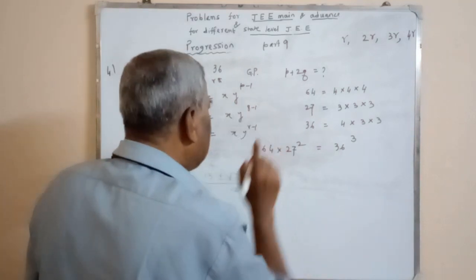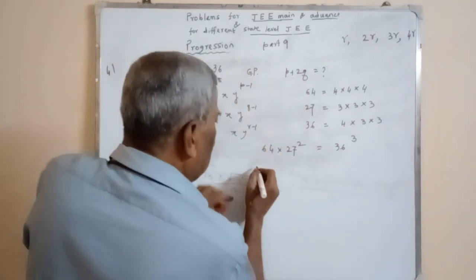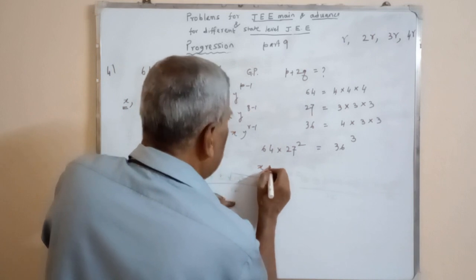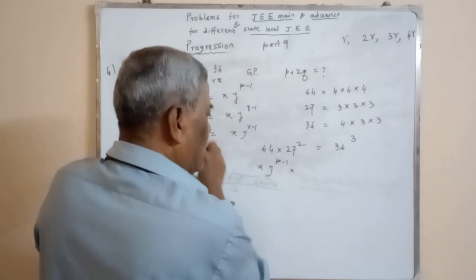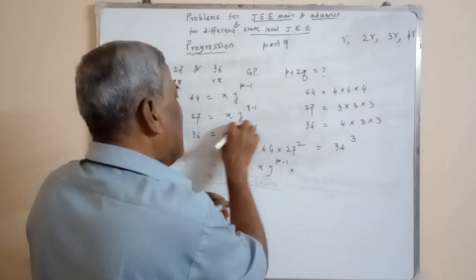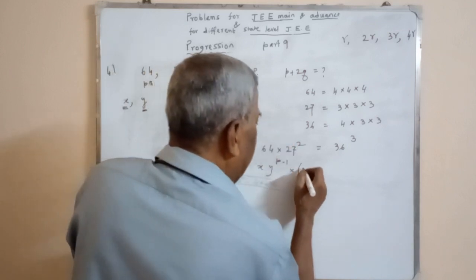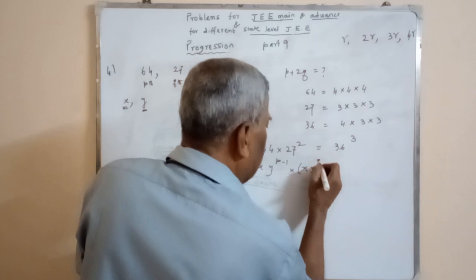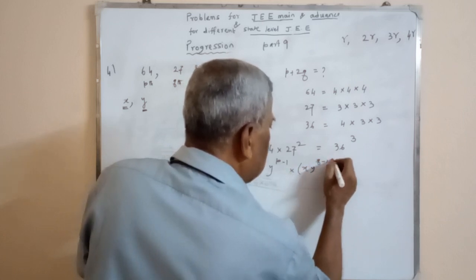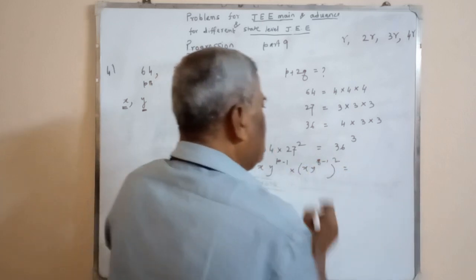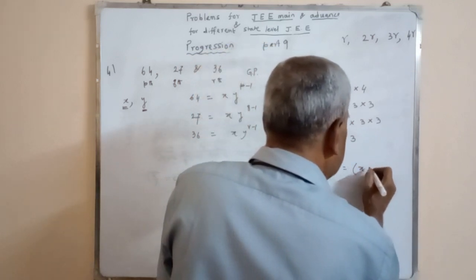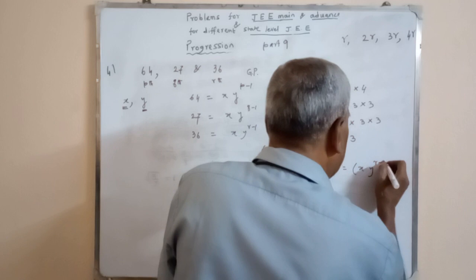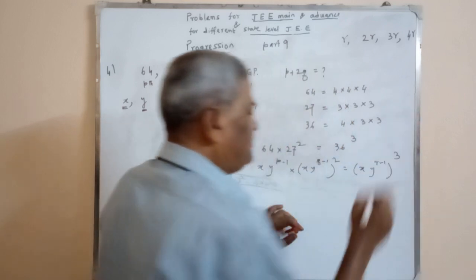So 64, which is x into y to the power p minus 1, into 27 whole square, that is x y to the power q minus 1 whole square, is equal to 36, that is x into y to the power r minus 1, whole cube.